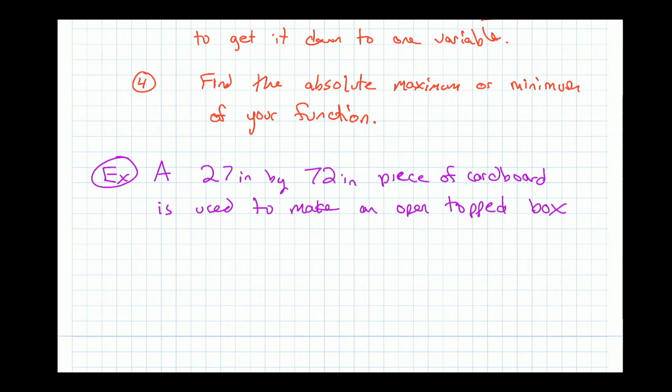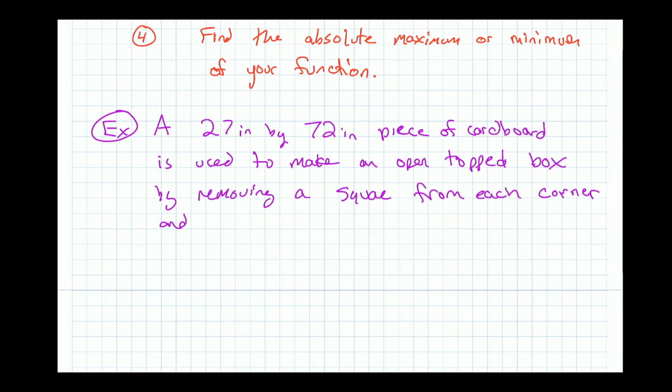So a 27 by 72 piece of cardboard is used to make an open-topped box by removing a square from each corner of the cardboard and folding the flaps on each side up.